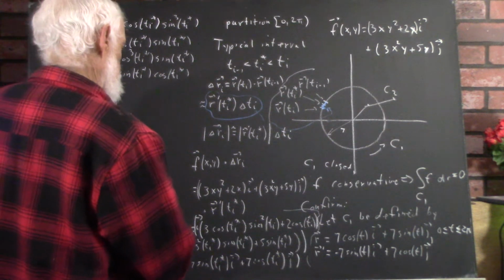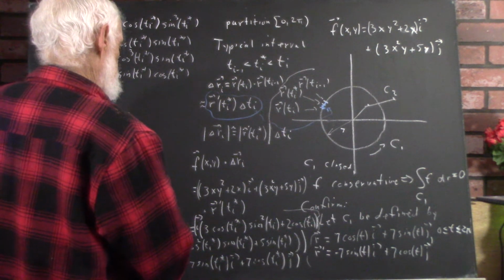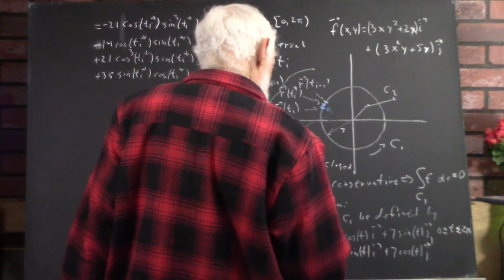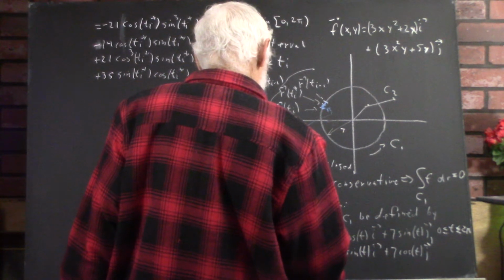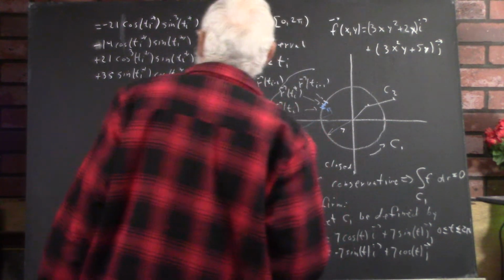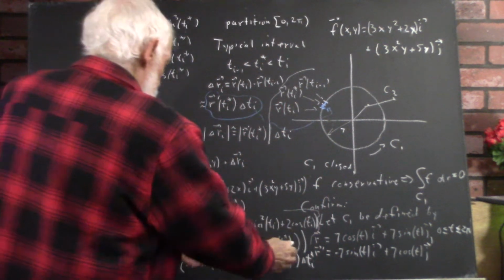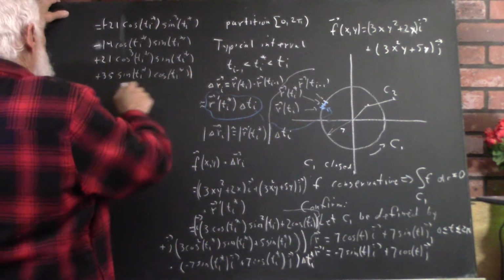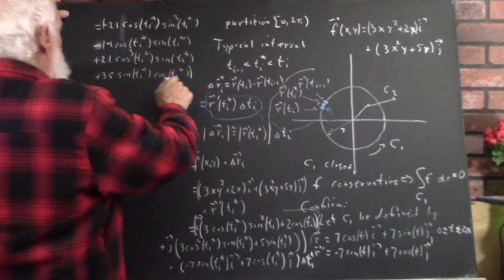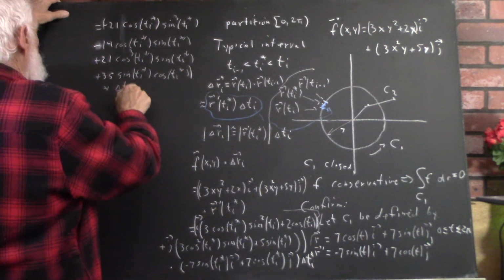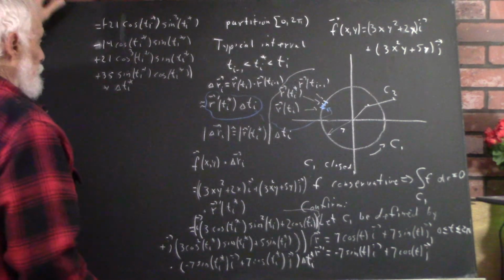And the one thing I neglected to write out here was a delta ti star, which is a factor of the whole thing. So it's this times delta ti star.